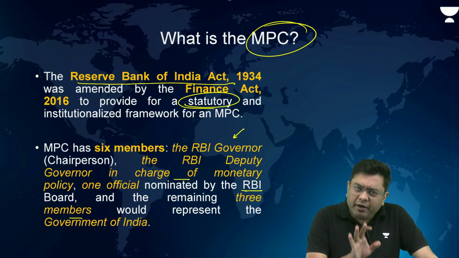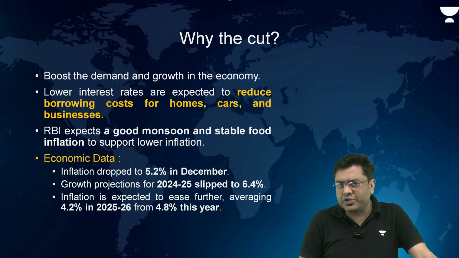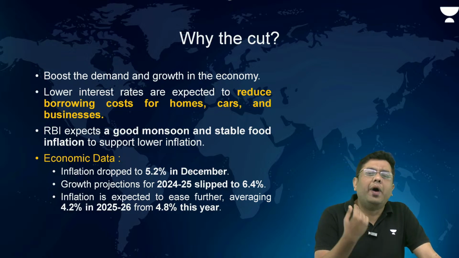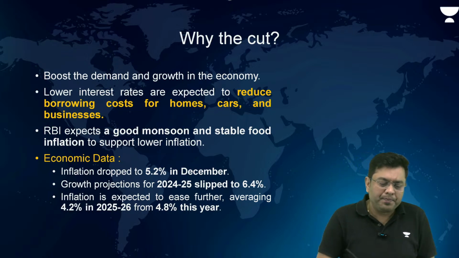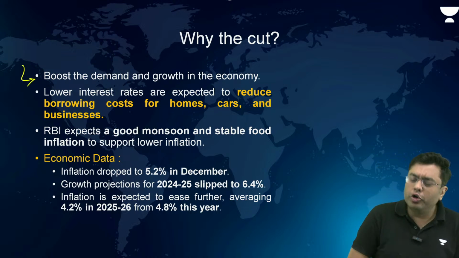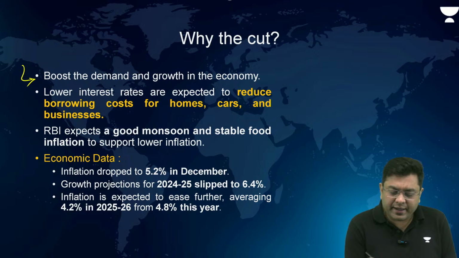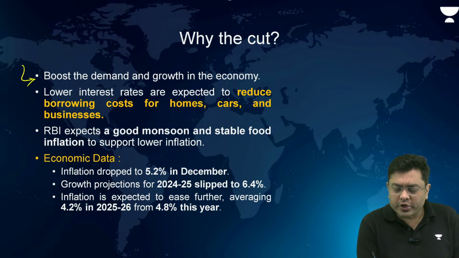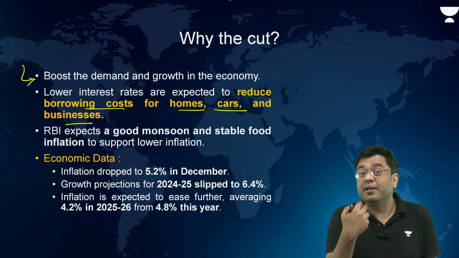Now, while RBI has reduced the repo rate and the interest rates in general, why is it that the cut has been done? So, a summarization of that. To boost the demand and growth in the economy. Now, the lower interest rate will reduce borrowing costs for homes, cars and businesses. That will kickstart demand.